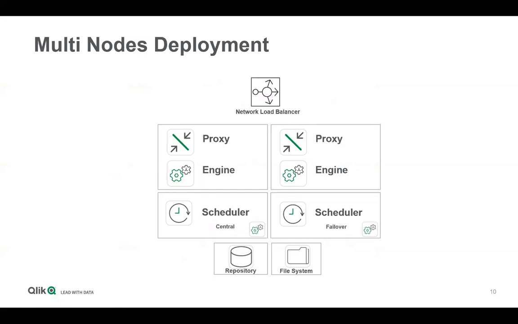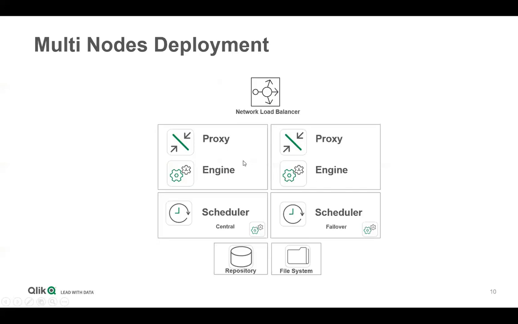Here I just pick one typical deployment architecture as our example, and all the further demonstrations will be based on this example as well. We have 2 consumer nodes, 2 scheduler nodes, a dedicated repository service and file server system. So this architecture definitely provides high availability.